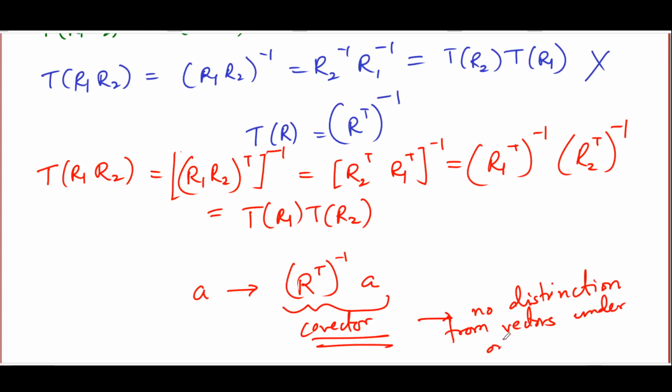Not only rotations but reflections as well. So under orthogonal transformations, covectors and vectors behave exactly the same way. And if orthogonal transformations, rotations and reflections are all you were ever interested in, then you would not be able to distinguish a covector from a vector. However, when you move away from orthogonal transformations, covectors come into their own right as an object of interest.